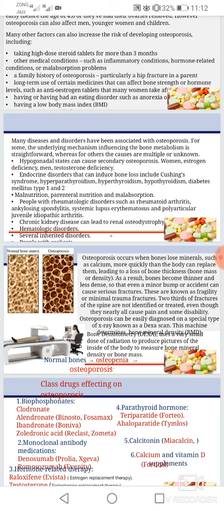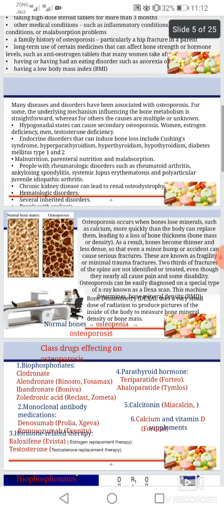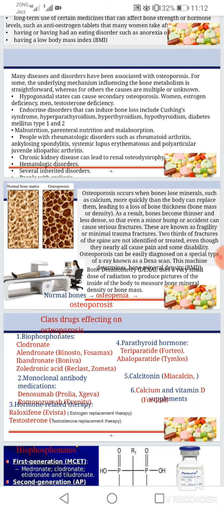Hypogonadal states can cause secondary osteoporosis: women with estrogen deficiency, men with testosterone deficiency. Endocrine disorders that can induce bone loss include Cushing syndrome, hyperparathyroidism, hyperthyroidism, hypothyroidism, diabetes mellitus type 1 and 2, malnutrition, parenteral nutrition, and malabsorption.